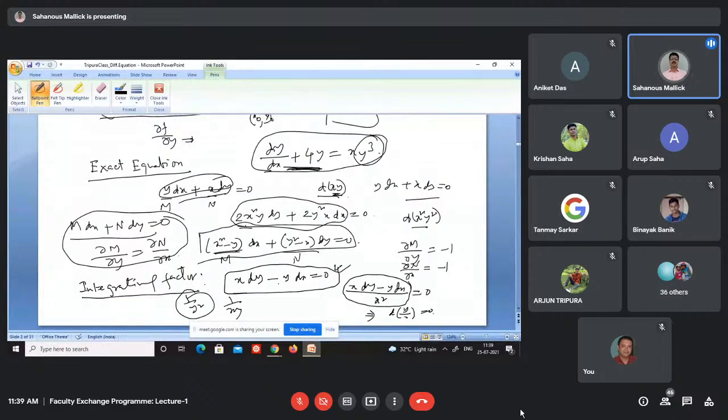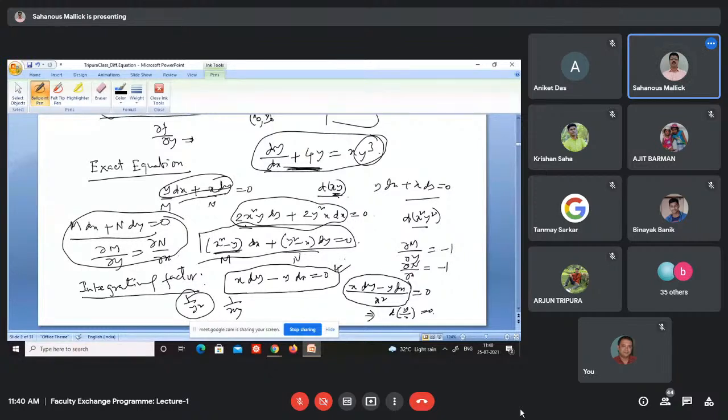A function mu of x, y is said to be an integrating factor of the equation M dx plus N dy equal to 0 if it is possible to obtain another function u of x, y such that multiplying by this term equals d of some function of x, y.